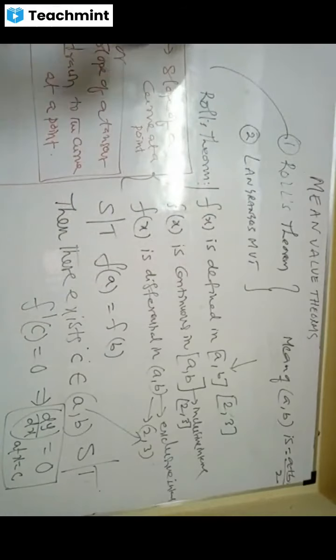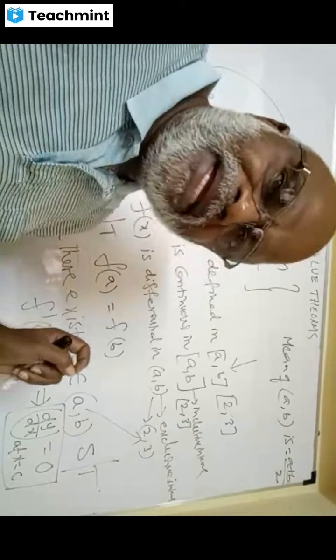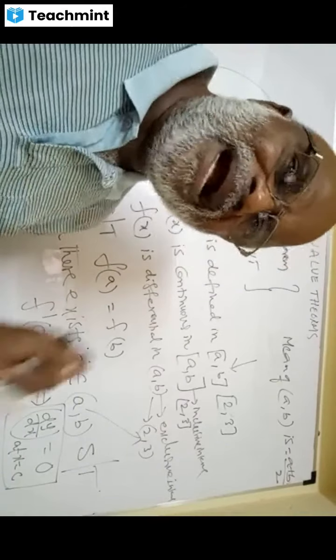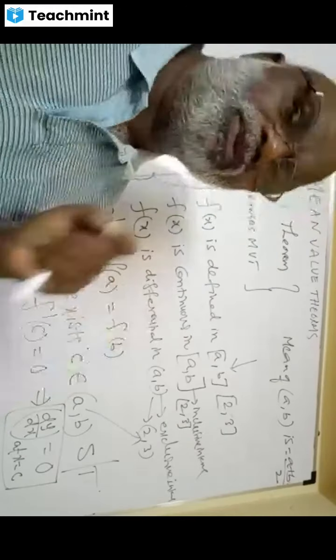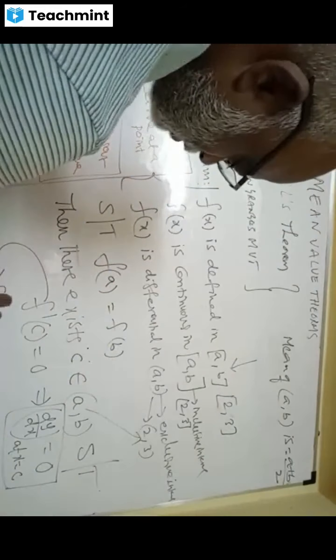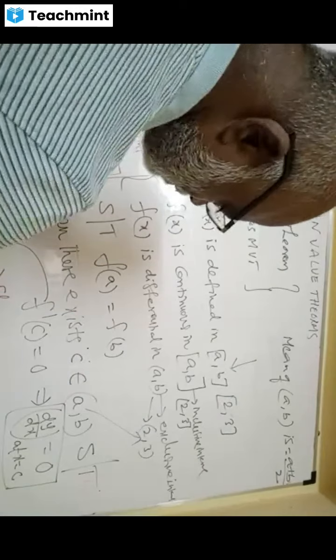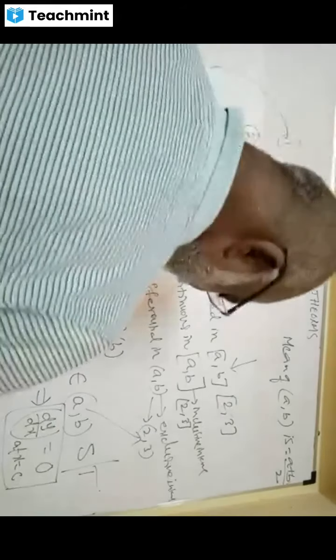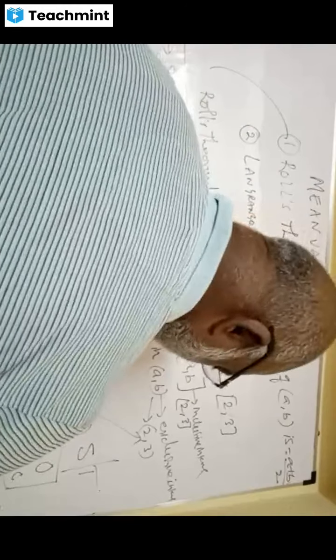Just look at this now. Slope of a tangent at C is 0. This means the slope of the tangent drawn at C, f dash of C, is 0.